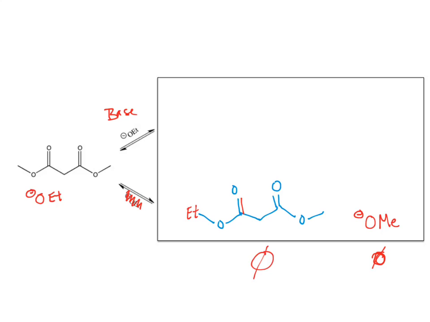Towards the products. Okay. We now look at our reaction that could equally go in the reverse. What's the relative concentration of methoxide versus ethoxide? You have a lot of ethoxide and virtually no methoxide. The result is what? You exchange methoxide for ethoxide.